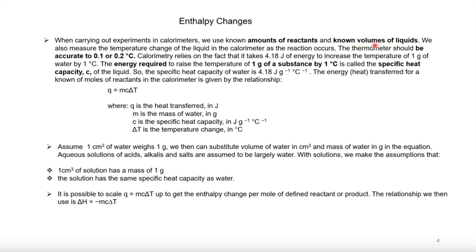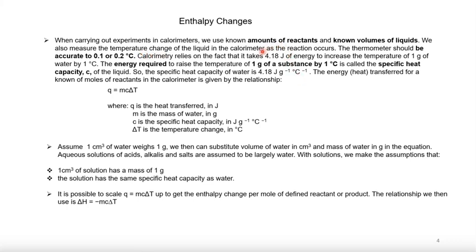And if it is liquid, we take it in a standard measuring cylinder where we know the volume. Then we measure the temperature change while the reaction occurs in the calorimeter. The thermometer we use generally can accurately measure 0.1 or 0.2 degrees Celsius.